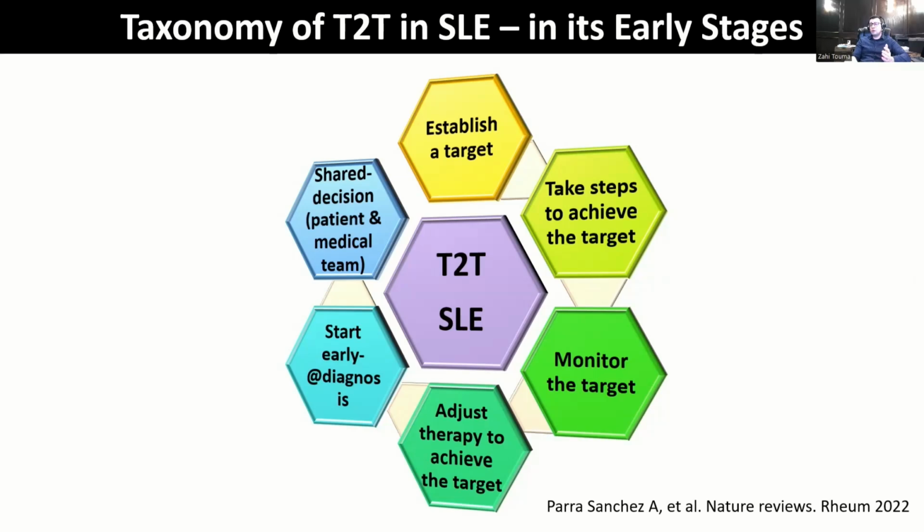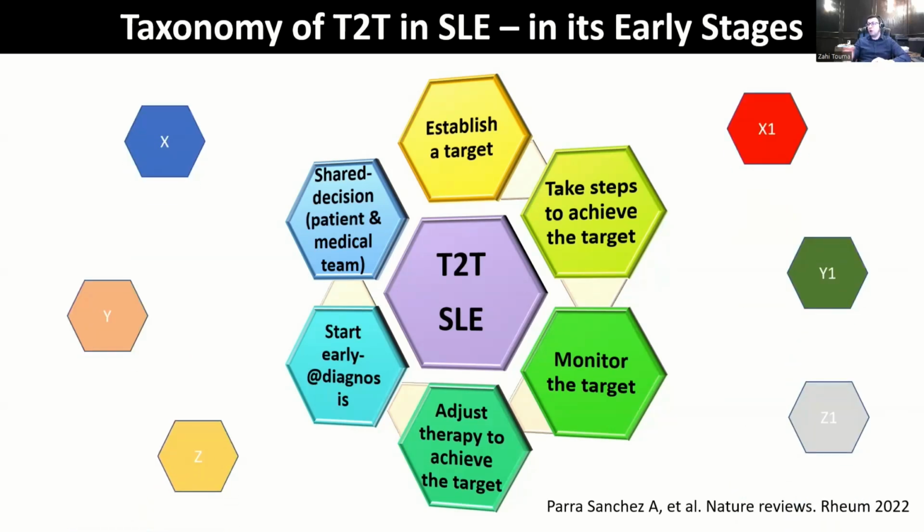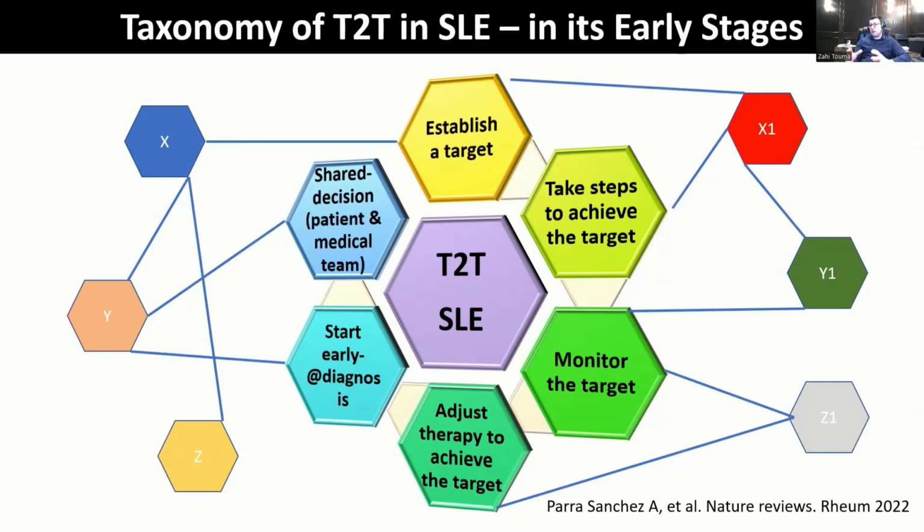Now, I showed you certain constructs or items or parameters around the treat to target, but we all know that there are a lot of other parameters that we don't know about or we haven't defined, we haven't yet had a consensus around this. Not only this, think about the framework. How do they relate to each other?